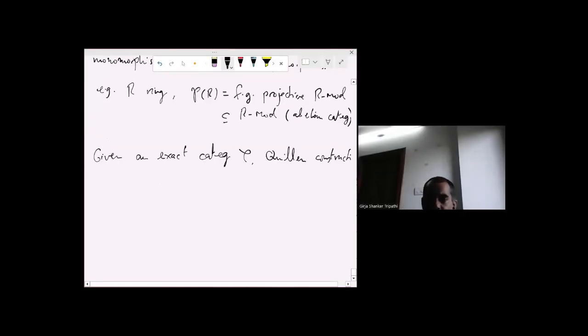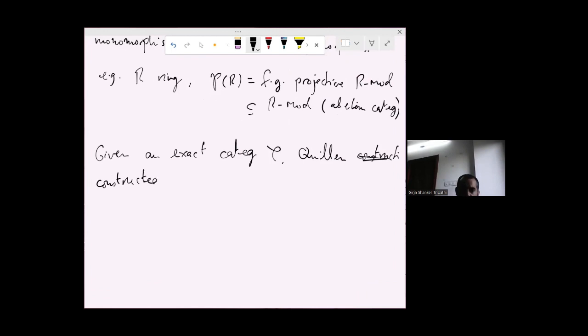Given an exact category, Quillen constructed or defined this category QC.